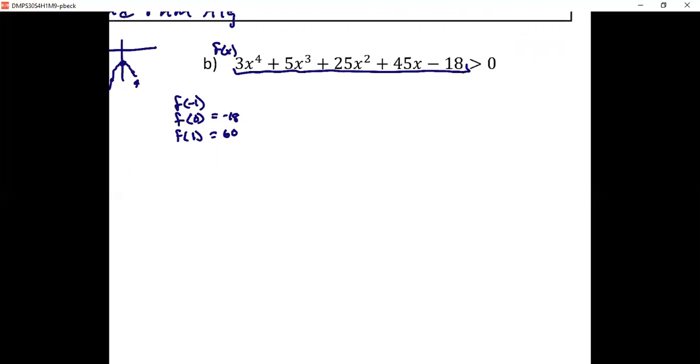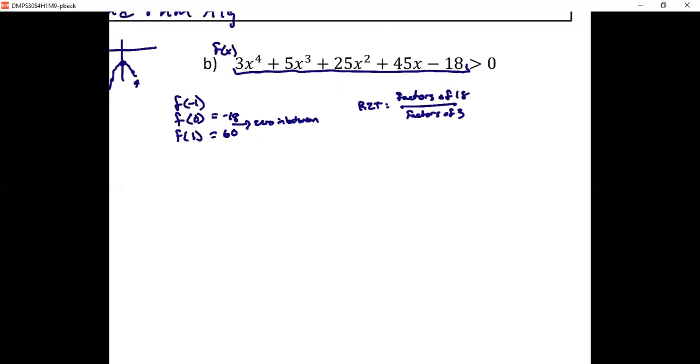Now, what does that mean? This is a great place to begin because what we could say is we know that there is going to be a rational 0 in between. Hopefully, you're going to be able to find it. So if there's a rational 0 in between, what could that rational 0 be? Well, the rational 0 theorem says it'll be the factors of 18 over the factors of 3.